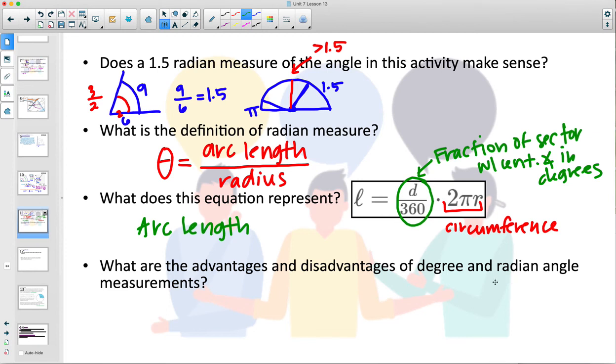So if you can work with radians, a lot of calculations will be simpler. Radians often do have pi and fractions in them, which might make it more complicated for some, but maybe less complicated for others. And when we know an arc length, like in this one, we knew the arc length of 9 and we knew the radius of 6, we instantly could come up with the angle of 1.5 in radians. It's more difficult to come up with the angle measure if we wanted it in degrees.